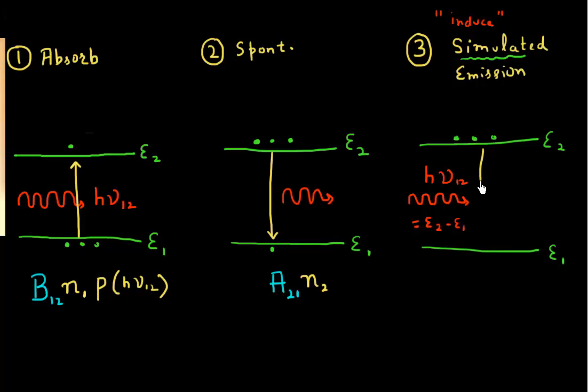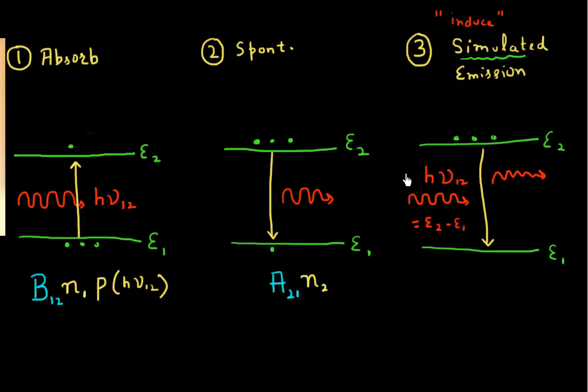And so this flux of incoming photons, which has an energy equal to the energy separation between these two levels, will induce these electrons to come down and emit another photon. So now this will emit another photon.